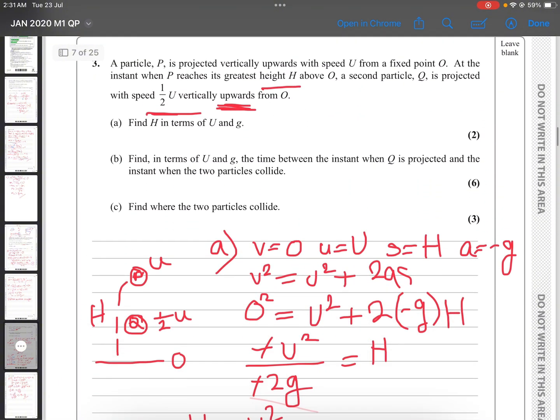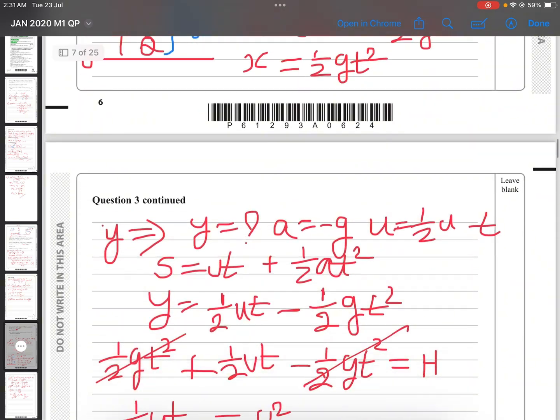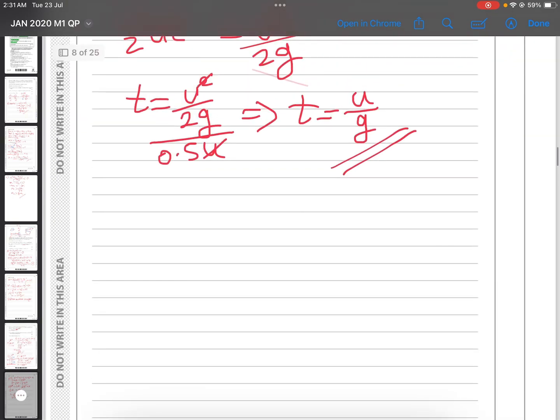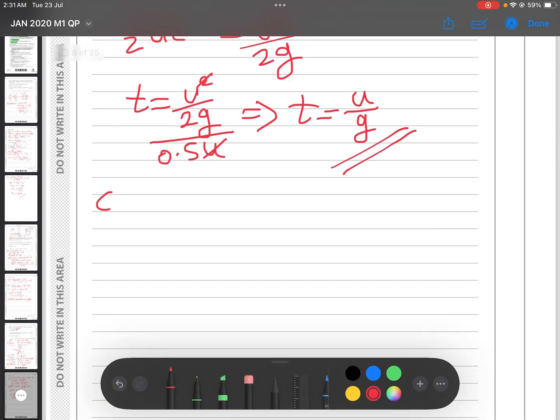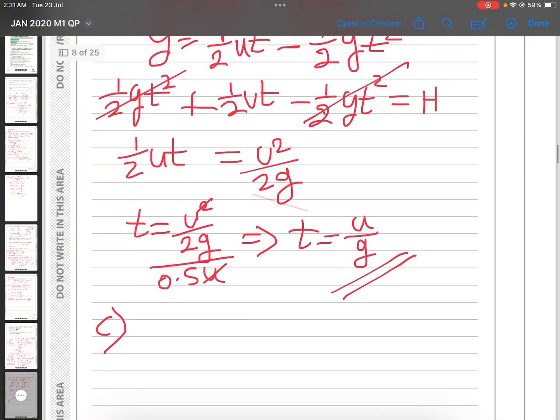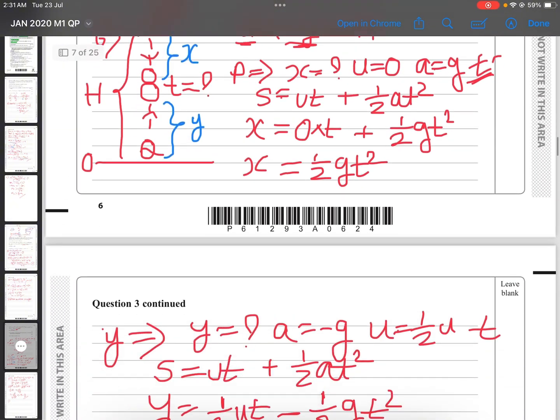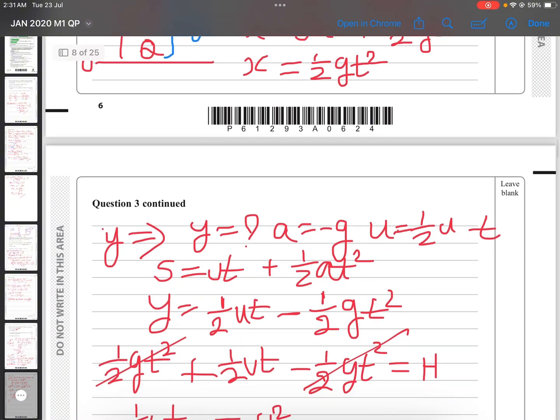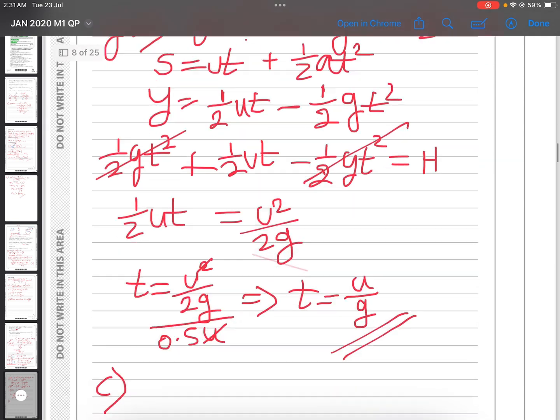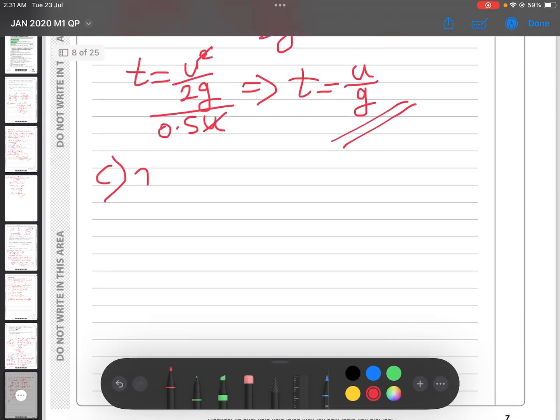Okay, so part C says find where the two particles collide. This part is very easy. Just substitute into either the equation of x or the equation of y. For easiness and to save time, we are going to follow with x, which is x equals half g t squared.